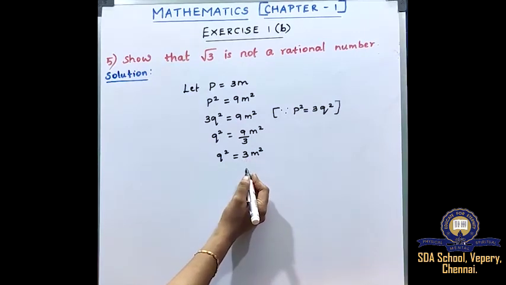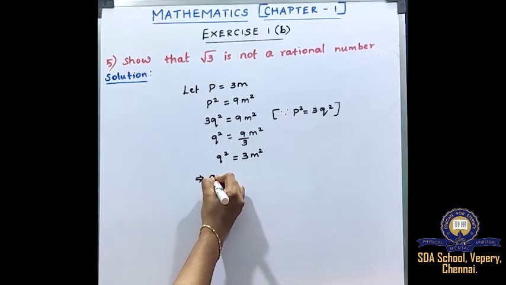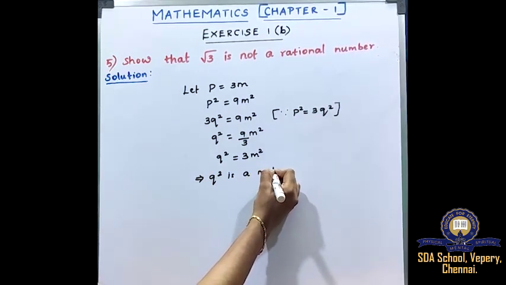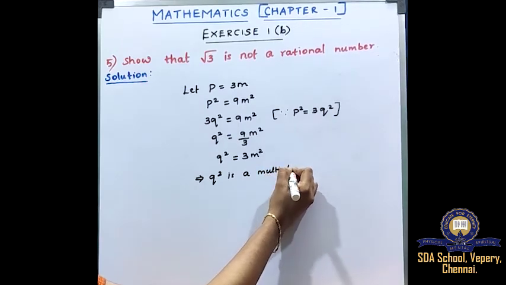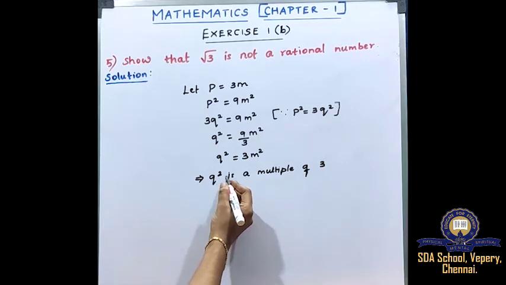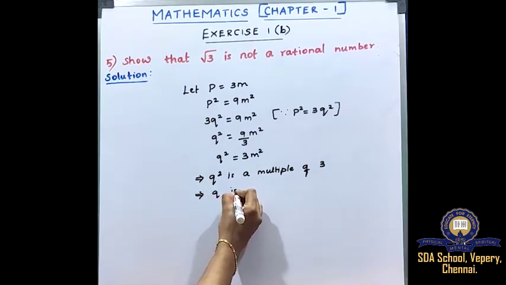Now what do you observe from this? You can say q square is a multiple of 3. So if q square is a multiple of 3, then obviously q is also a multiple of 3, right?